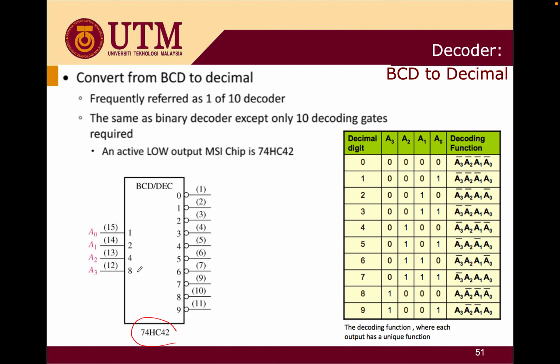You can see here all the pin numbers for your pins, and the decimal digit represented on the input 0, 1, 2, 3, 4, 5, 6, 7, etc. So you're going to have the output value depend on your input value.